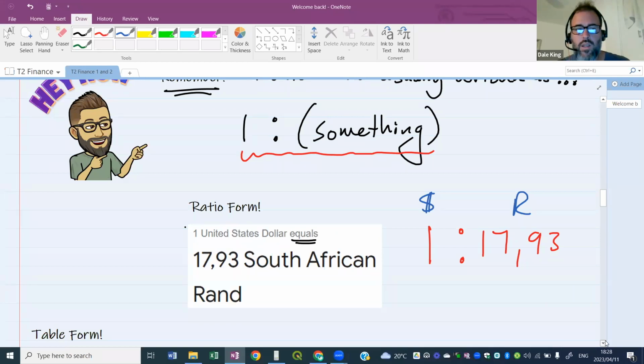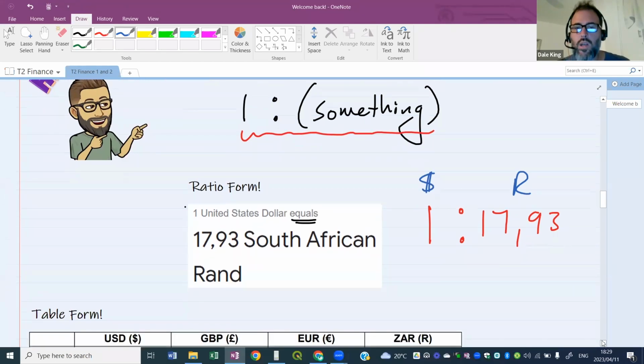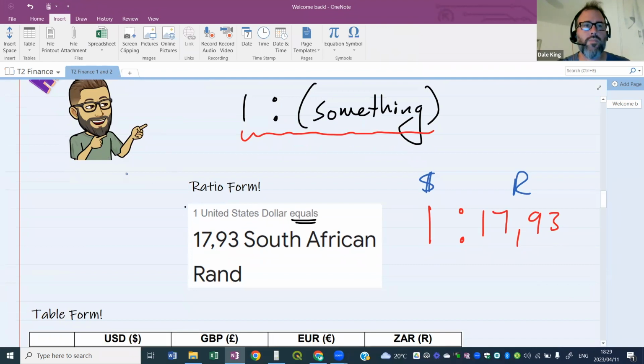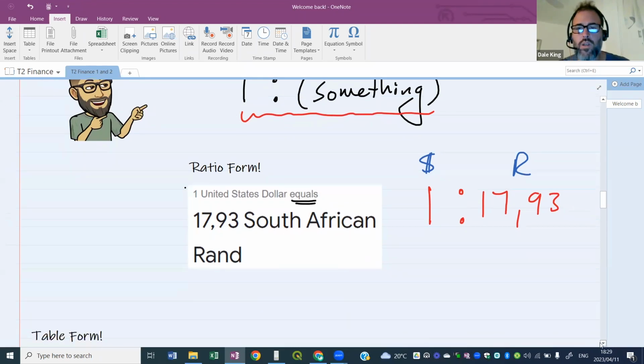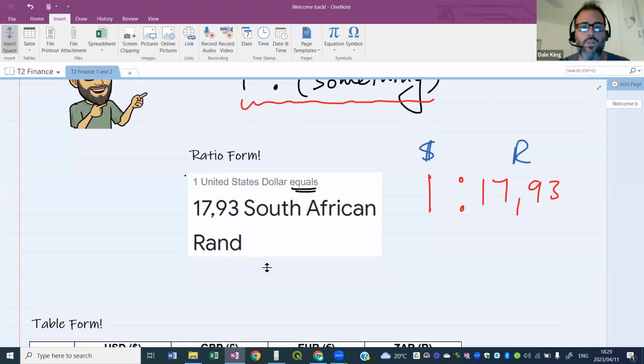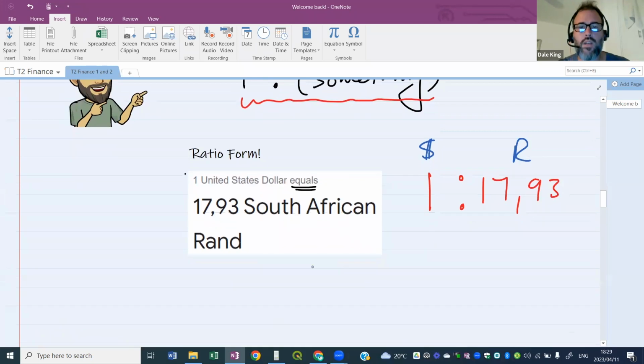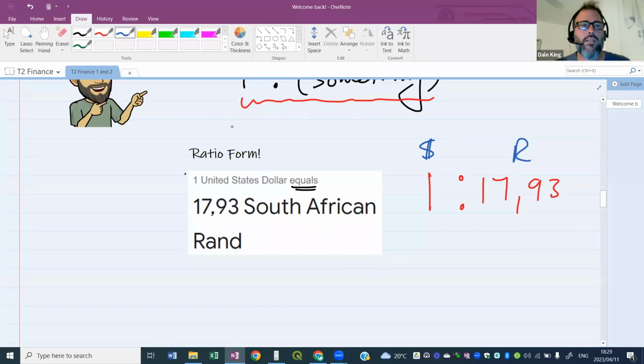All right, so I could ask you a question. Let's create a space here and ask you guys a question to see if you know how to use this ratio in its form like this. So here's the question. I need to get 10 US dollars.